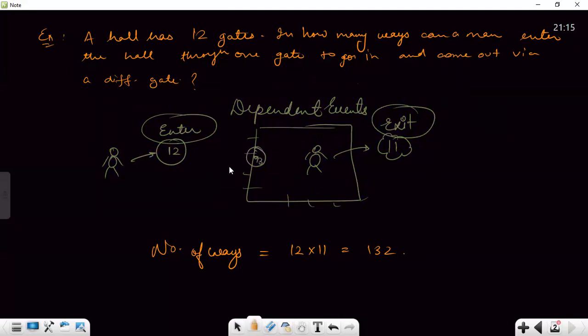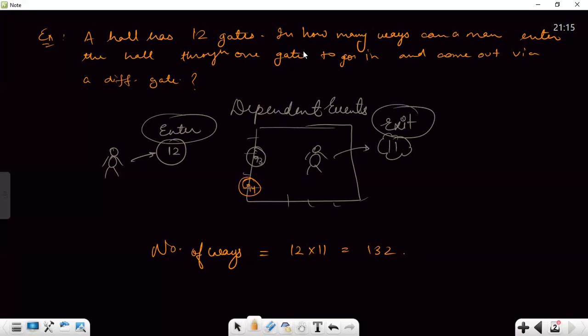Let's take an example that he entered through G3. He stayed there. Now he has 11 choices left other than G3. That's one case. If he had entered through G4, then he would have 11 other choices other than G4. So basically what I'm trying to say is that the event of exiting depends on the event of entrance.